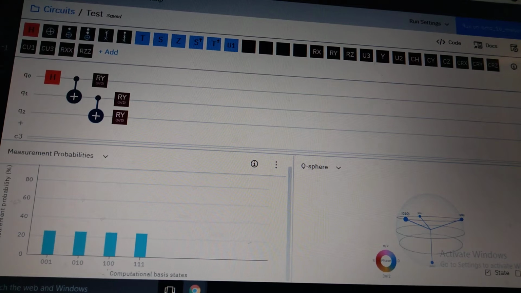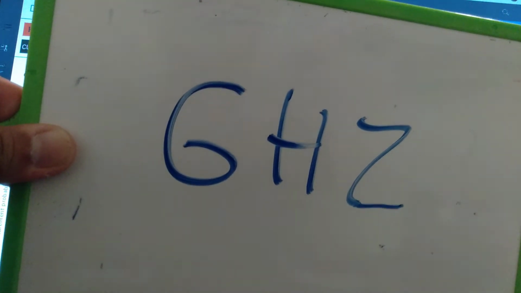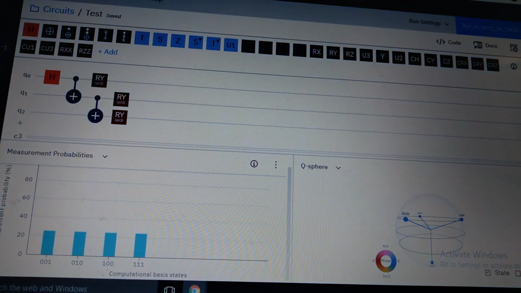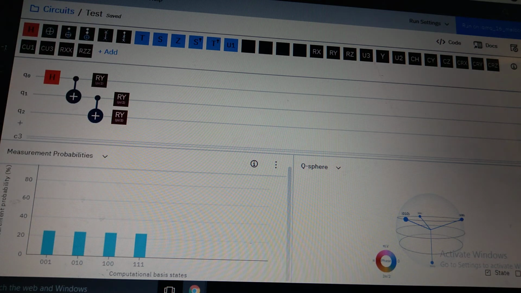This is kind of like another state called a GHZ state, which is a very famous state. But this one is a little like that. This one is more simple, but it allows you to see why quantum mechanics is weird.